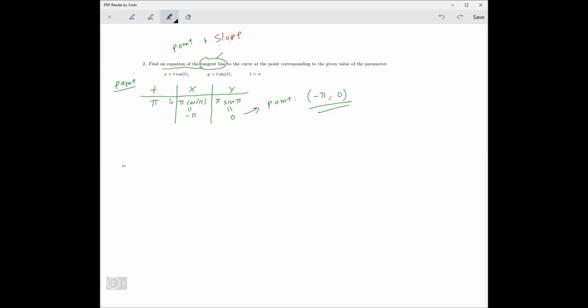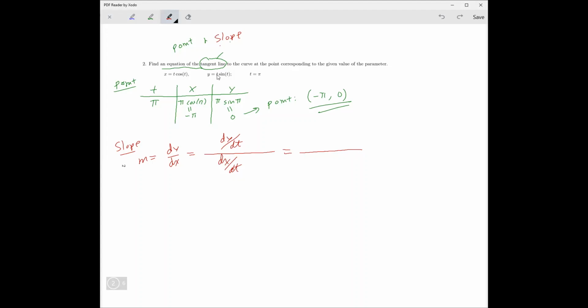Now the slope is dy dx. And again, we use the formula. It's dy dt over dx dt. And I guess we can calculate this here. So here's y. For dy dt, you're taking the derivative of this with respect to t.